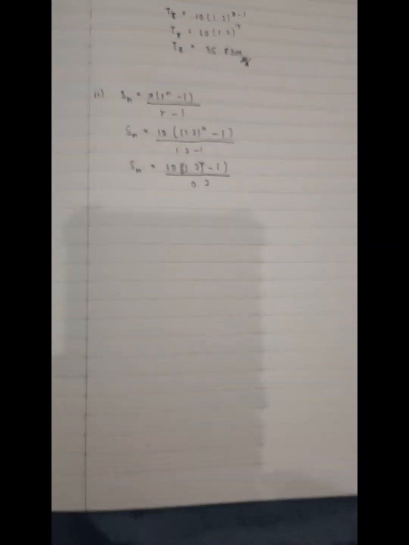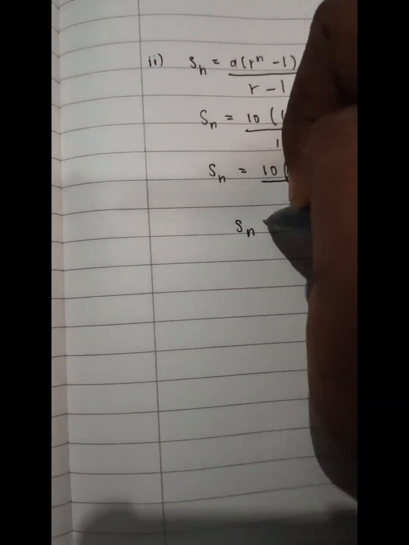So Sn equals 10 bracket 1.2 to the n minus 1 over 1.2 minus 1, which is 10 bracket 1.2 to the n minus 1 bracket over 0.2. So Sn equals 50 bracket 1.2 to the n minus 1.